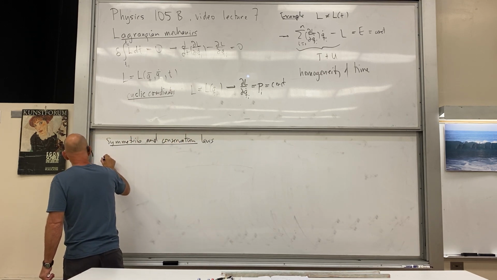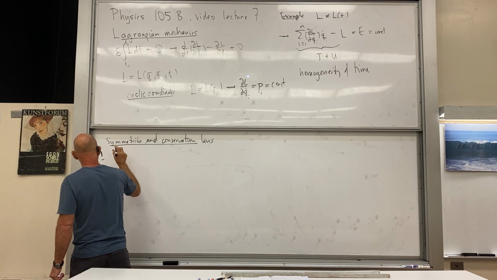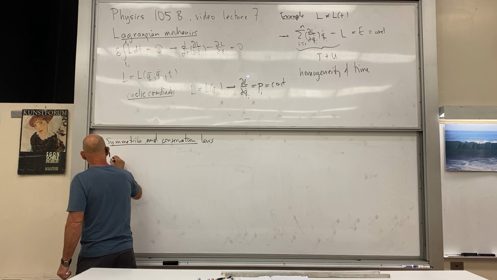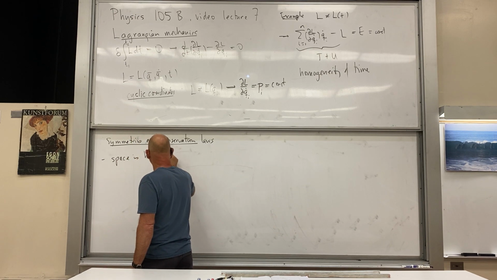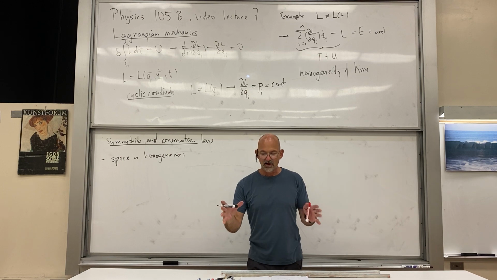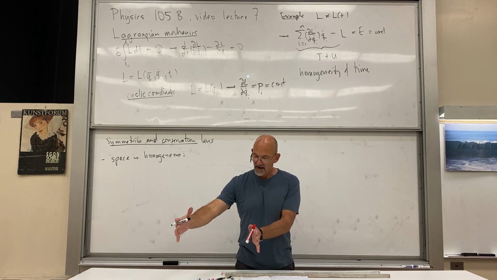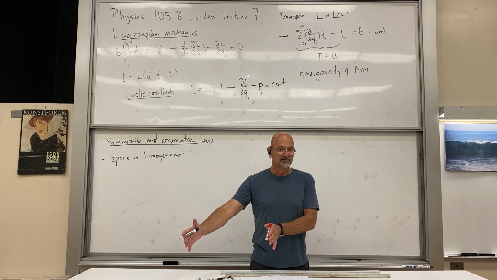The first one that we're going to do is space is homogeneous. That means if I have an experiment and I just shift the entire apparatus, the physics should not change.